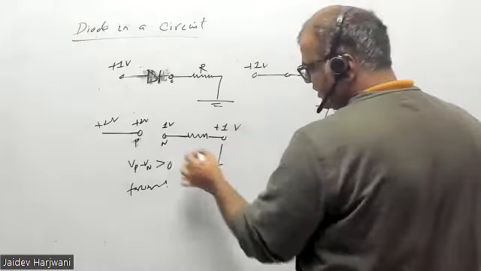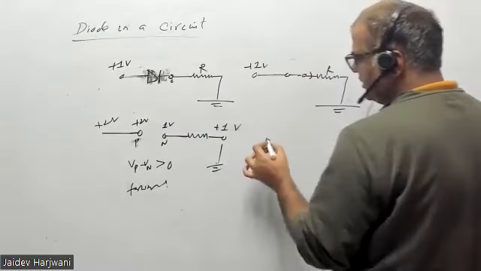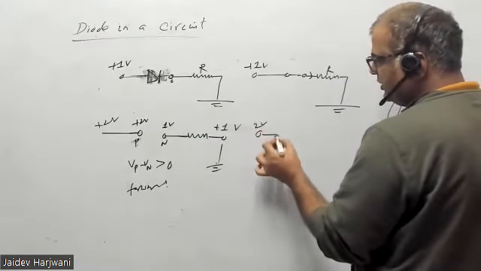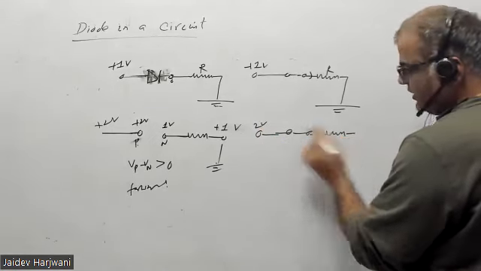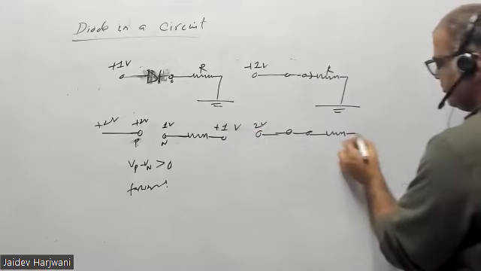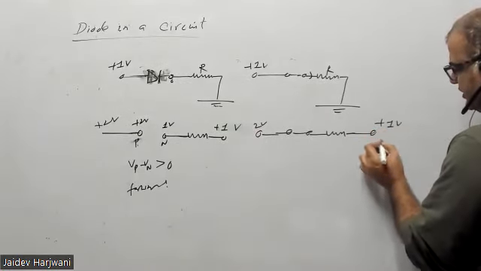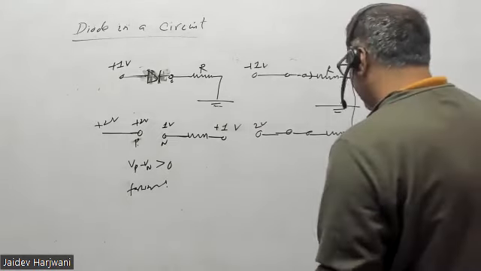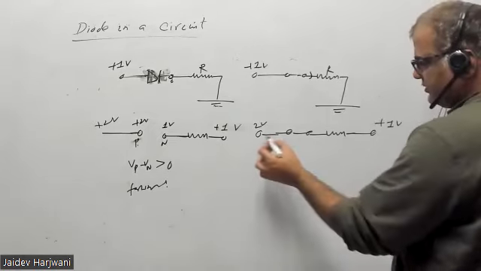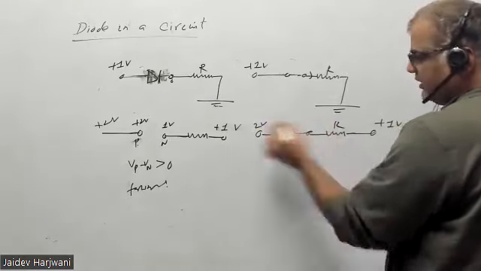No current is flowing at this point, so you put 1 volt here, a 1 volt battery.